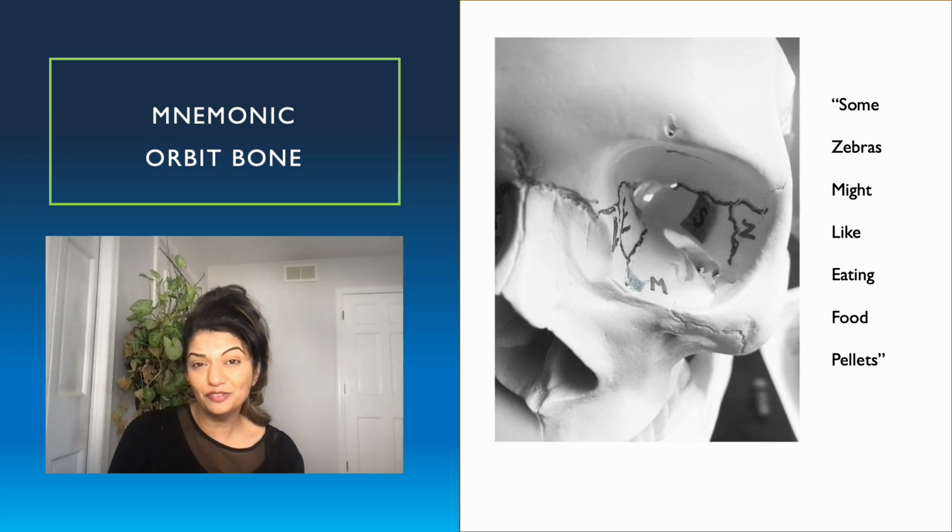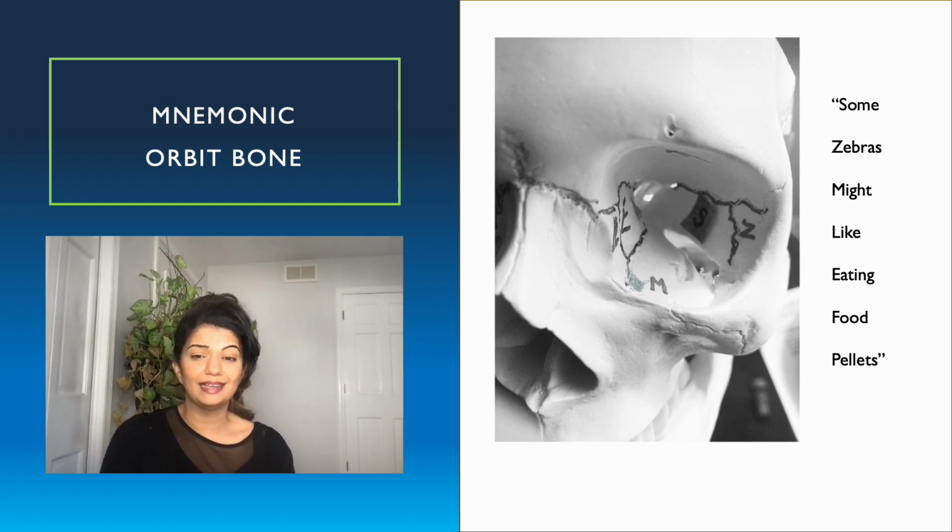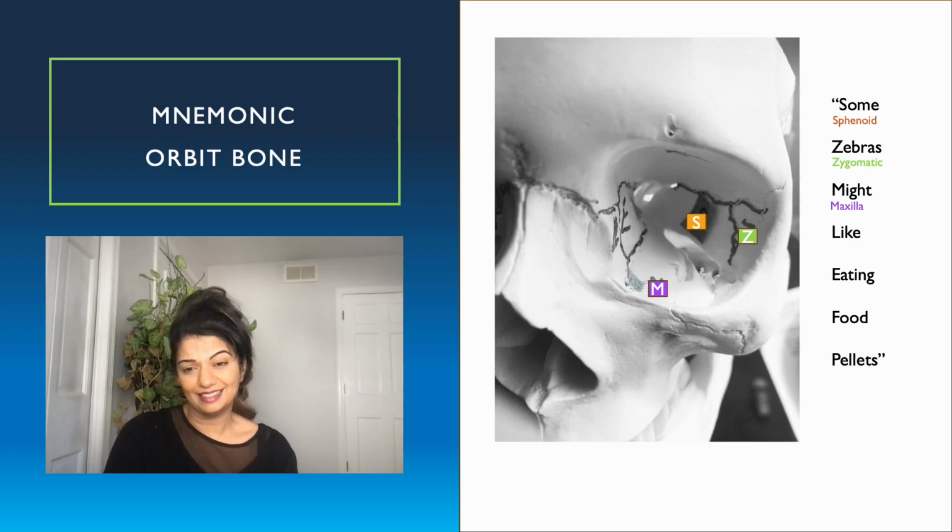Here's another mnemonic for you to remember all the bones in the orbit area. It's Some Zebras Might Like Eating Food Pellets. So Some is going to be for your sphenoid bone. Zebras is going to be for your zygomatic. Might, I'm sure you guessed it, is maxilla.